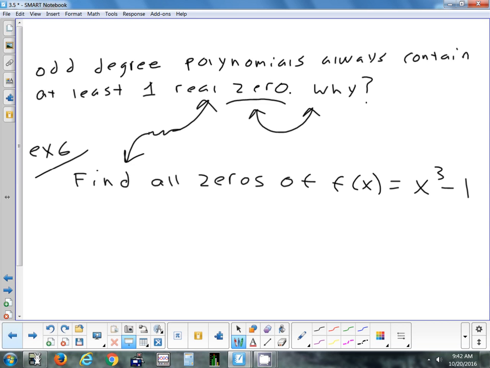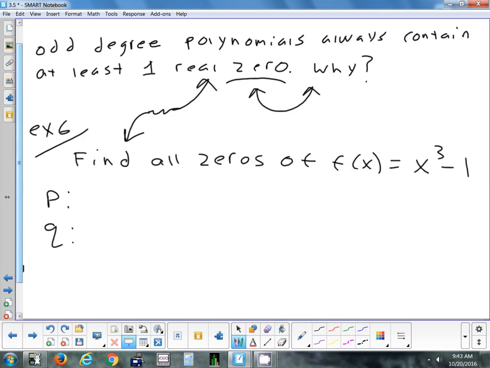Okay, but I have to be able to find a rational root. If I can't, I'm done. There's nothing else I can do with this problem. So let's make a list of rational roots, and then use the calculator. What could be my values for p here? My values for q.